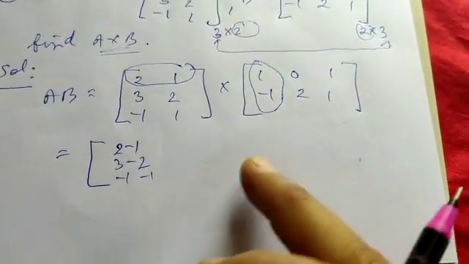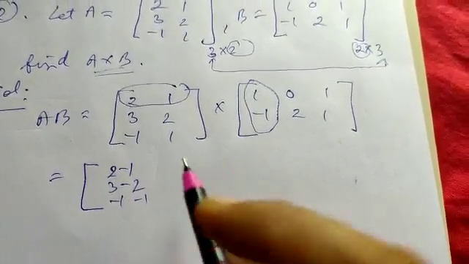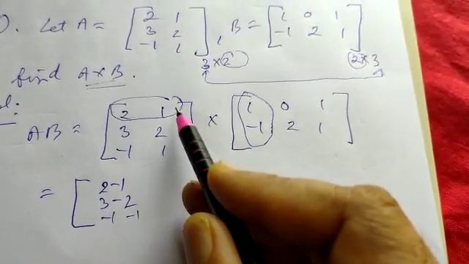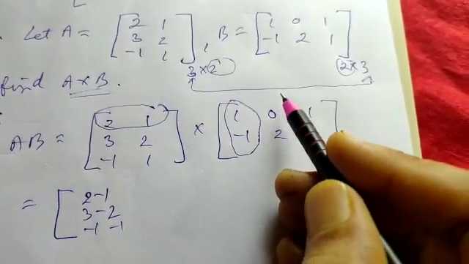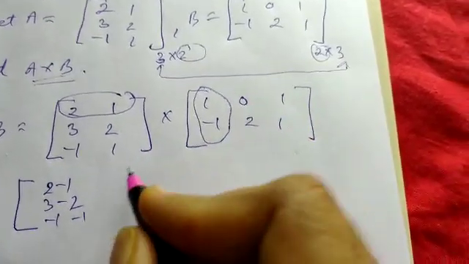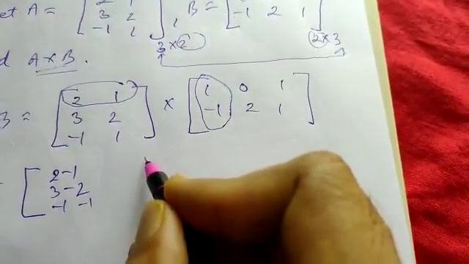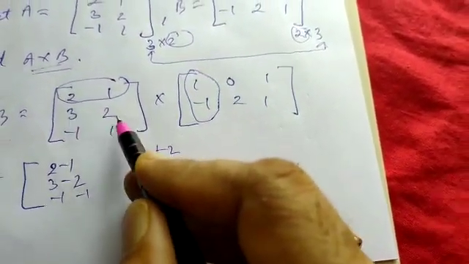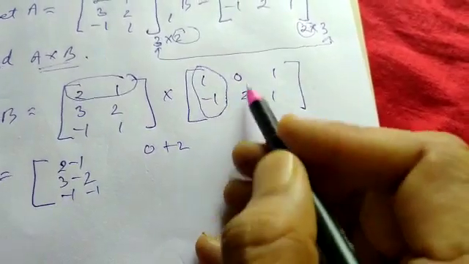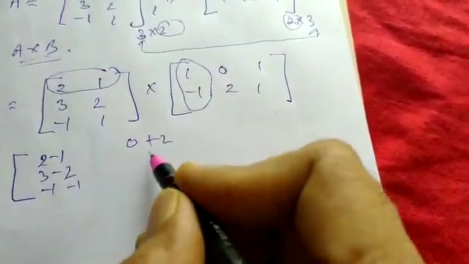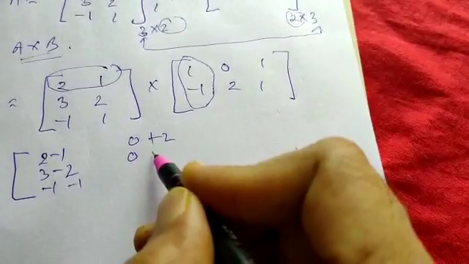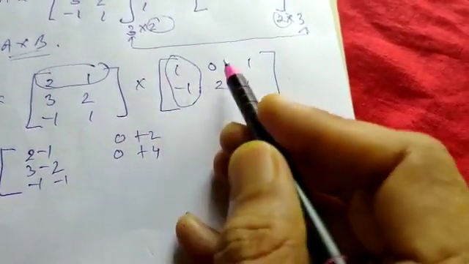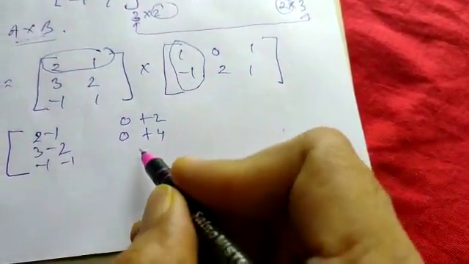Now let us go for column 2. For column 2 again, we will take the elements of R1 and multiply with the elements of column 2. So 2 into 0, that is 0, plus 1 into 2, so 2. Similarly next we will take the elements of R2 and the elements of column 2. So 3 into 0, that is 0, plus 2 into 2, that is 4. Third row and the elements of column 2. Minus 1 into 0 is 0, 1 into 2 is 2.